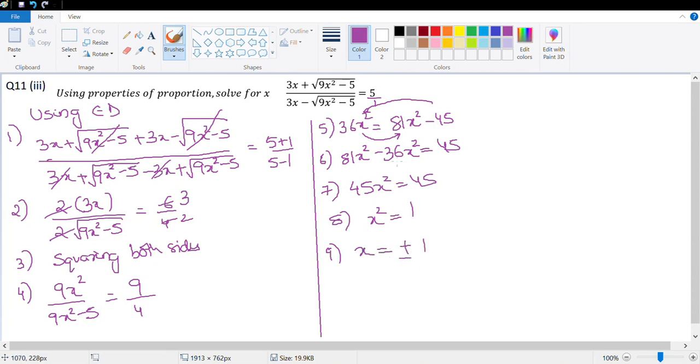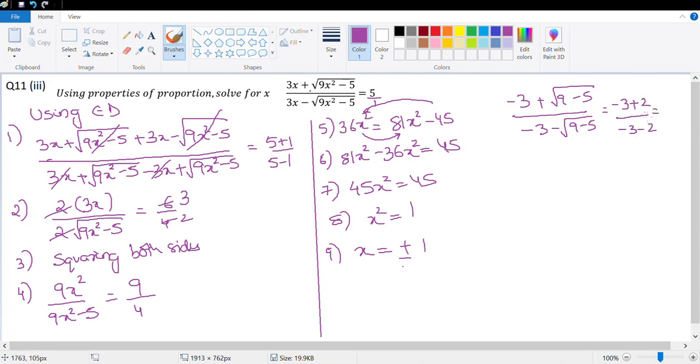Now, whenever you have a square root sign, let's look at both the answers. If x were negative 1, what would it be? Let's put this. So I will get negative 3 because x is negative 1, plus that will be 9 minus 5, and this will be negative 3 minus 9 minus 5. So this will be negative 3 plus 2, and this will be negative 3 minus 2.